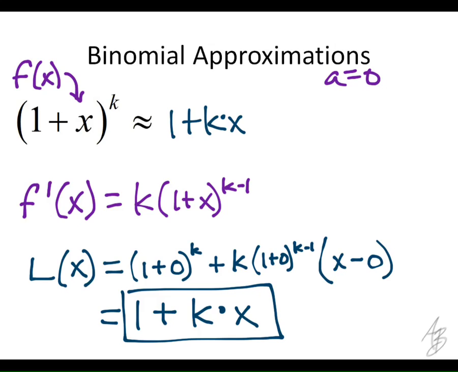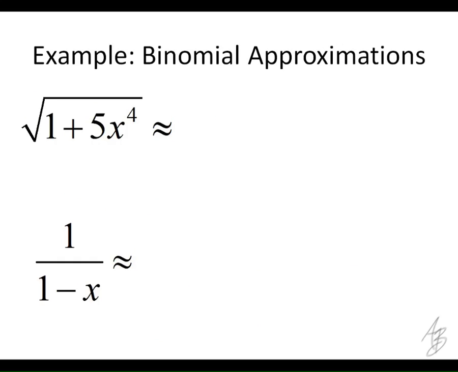So let's say I want to approximate this square root close to 0, right here. What would I do? Using that same linearization we just got. Let me write that down here. So we've got 1 plus x to the k is approximately equal to 1 plus k times x. Well, does this look like this?